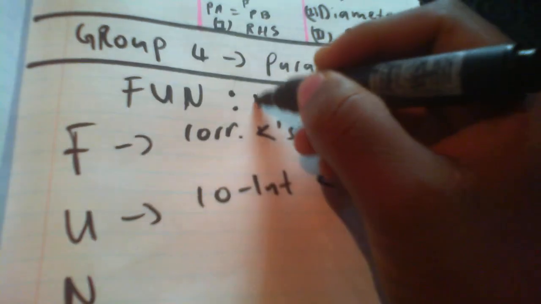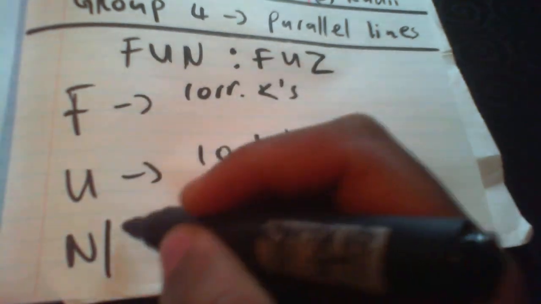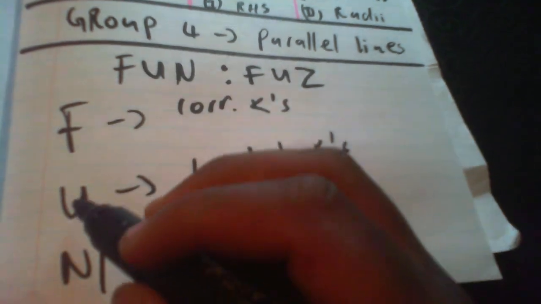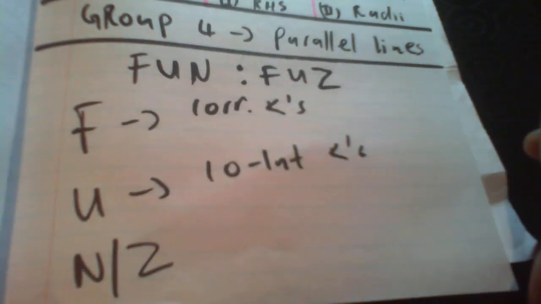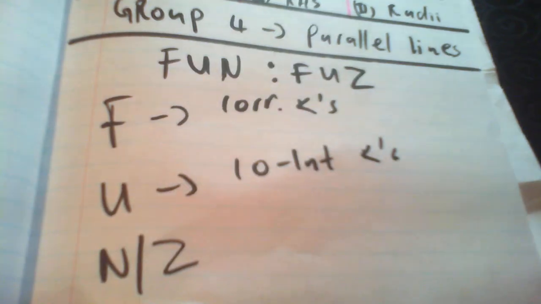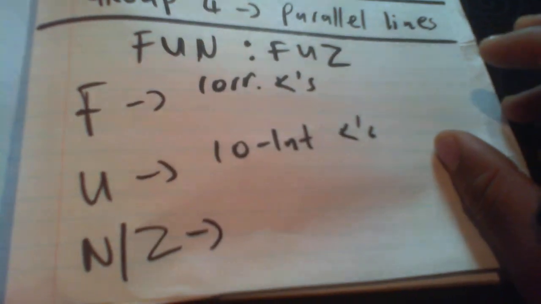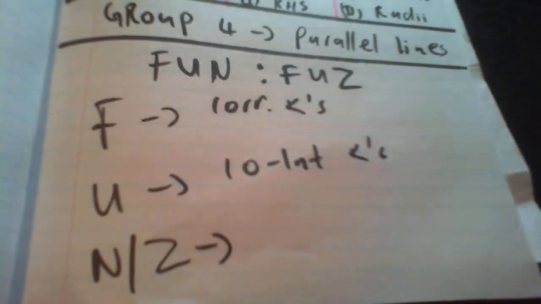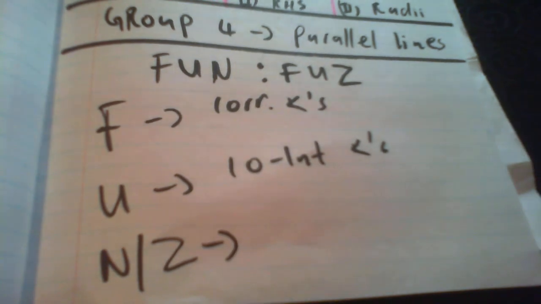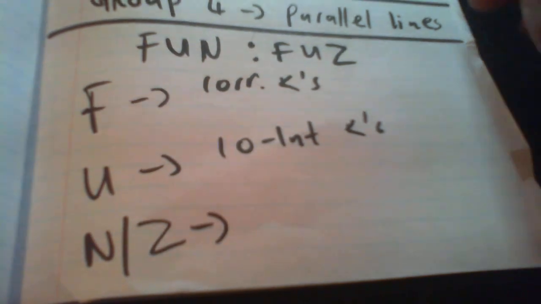So I also like to write not only FUN but FUZ, because it can also be in that Z shape. Even the U, you can turn it upside down, it can look like an N. And this F can also face the other way, or face upside down. But I think you get the main concept. You've been doing this for many years now, and I'm just giving you that summary to say it's so important, the parallel lines, that we have to include it as the fourth group, because there's so many questions that contain parallel lines.